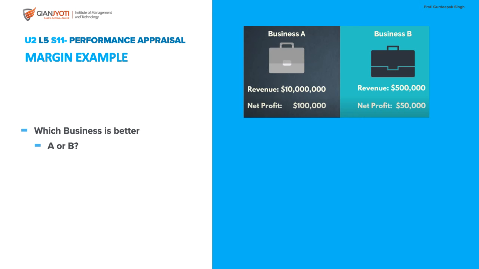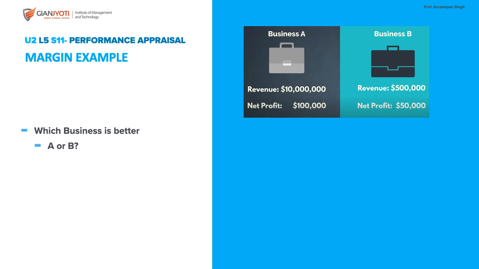Now let us take one example to understand this. There are two businesses, business A and business B. In case of business A, the annual revenue is 10 million, which is 1 crore. The net profit is 100,000, which is 1 lakh.